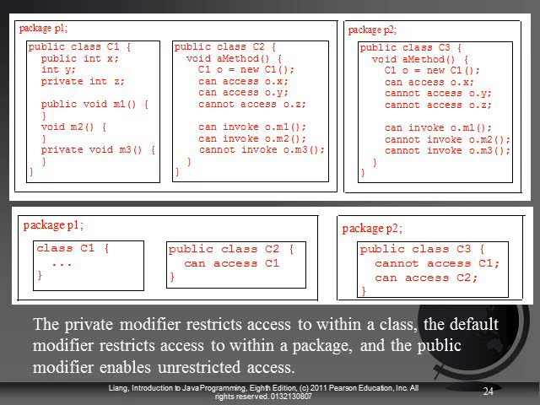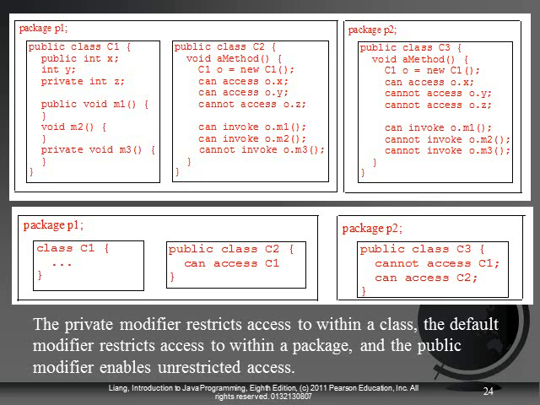In the examples on the slide, in package 1, P1, we have two classes defined, and class 2 instantiates an instance of class 1, but it has no access to variable Z or method M3 because they are declared as private and can only be seen inside of C1.